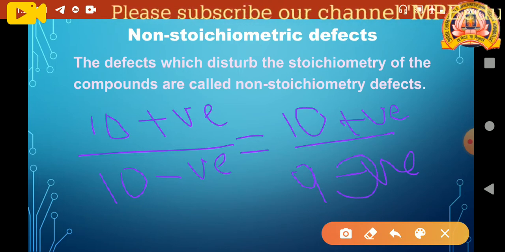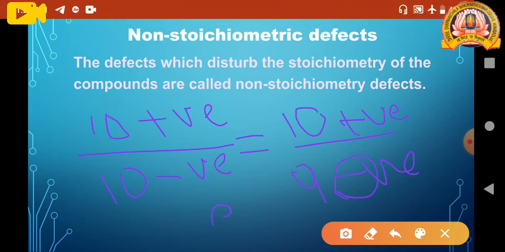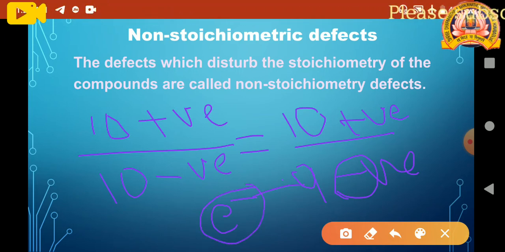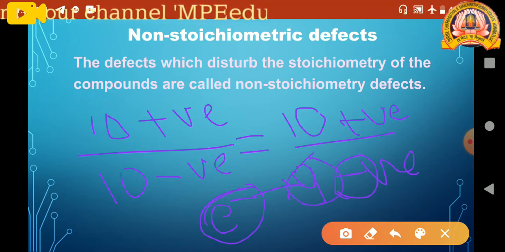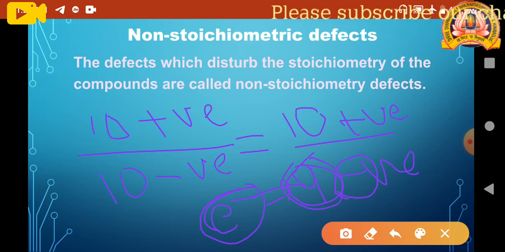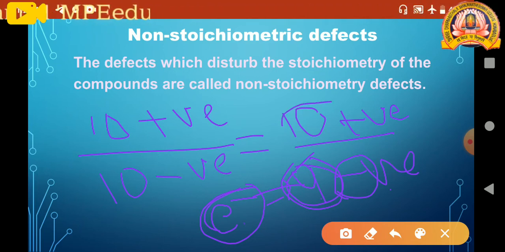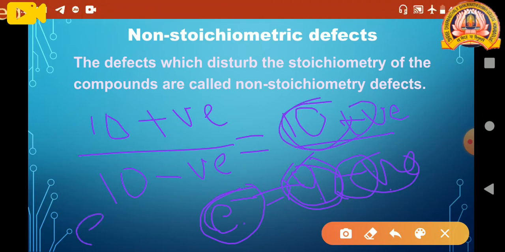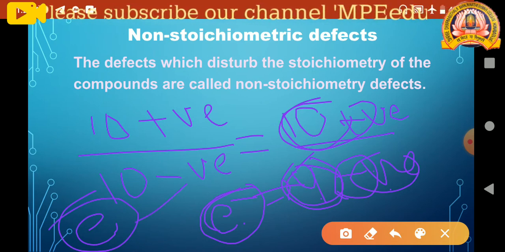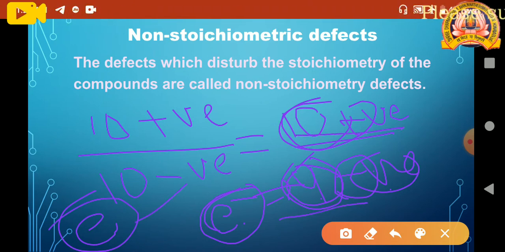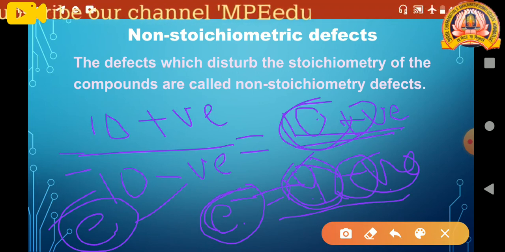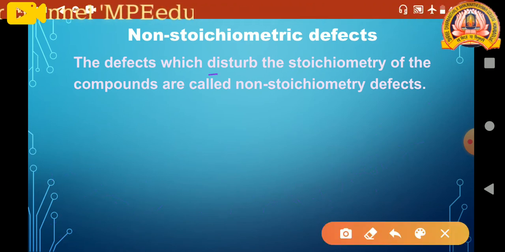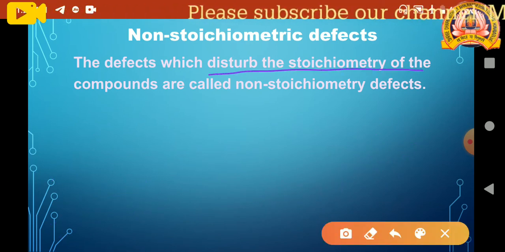After the defect, 10 positively charged ions remain, 1 negatively charged ion is evaporated, and this negative charge is maintained by another particle like an electron. An electron carries one negative charge. The ion is evaporated, but the electron remains or acquires the place of the negative ion. So the total negative charge becomes 9 plus 1 electron, 10 negative charge, 10 positive charge. Electrical neutrality is maintained. But what happened?